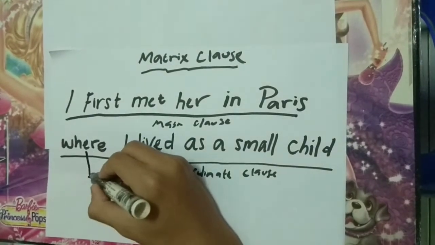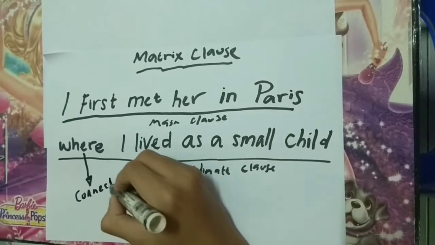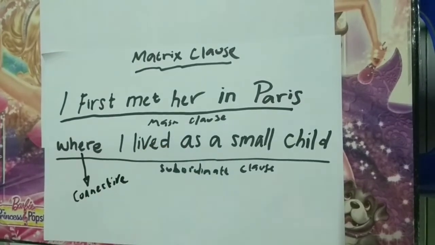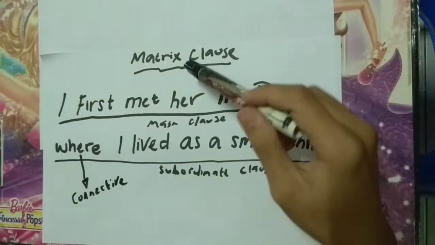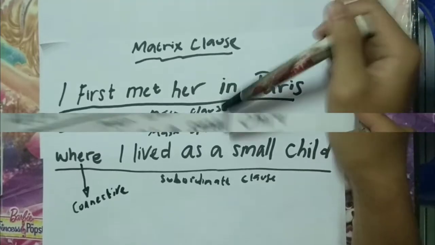It's called a connective. So we know that this sentence is a matrix clause.